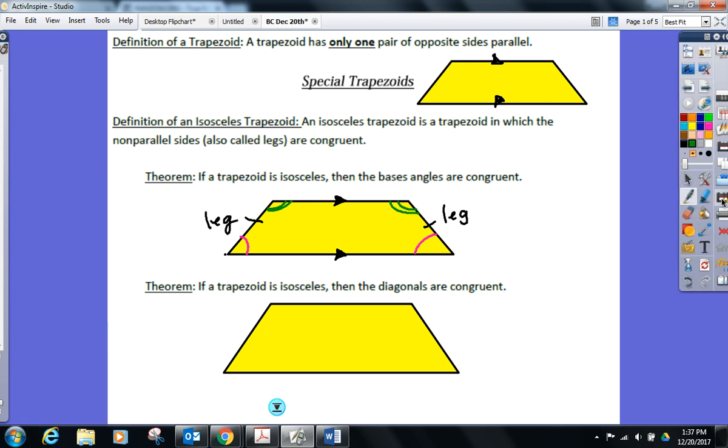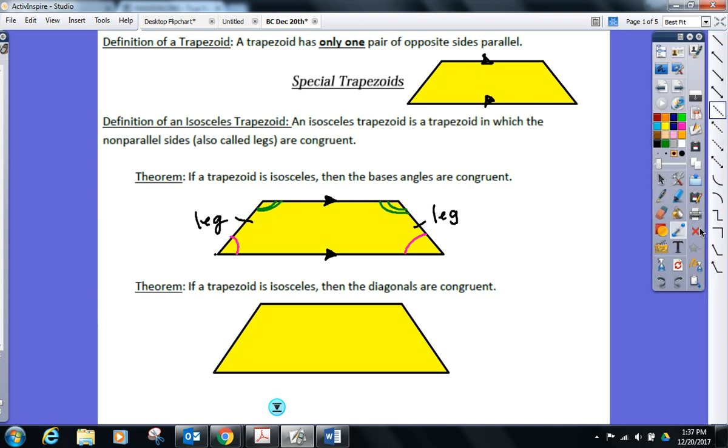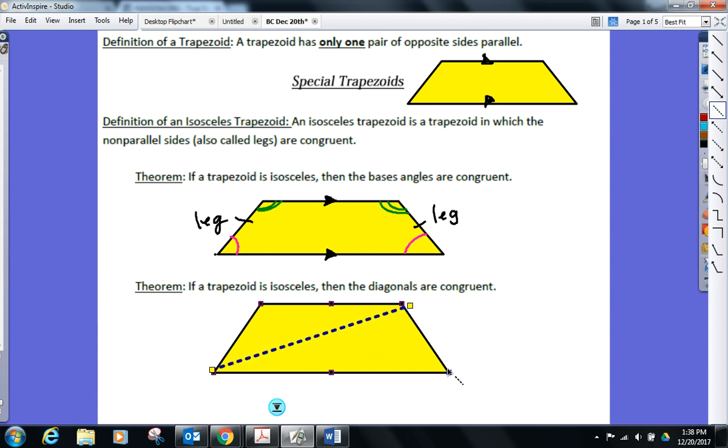And then finally, the other property other than the base angles being congruent I need you to be aware of is that the diagonals in an isosceles trapezoid are congruent. I am not saying anything else about them other than they're congruent. So don't assume what? That they bisect each other. Don't assume that. It's not true. They are equal in length, and that is it.